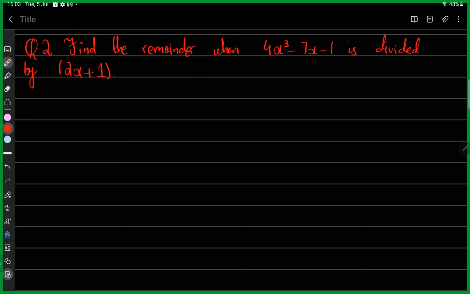Now this is the question. Find the remainder when 4x cubed minus 7x minus 1 is divided by 2x plus 1.